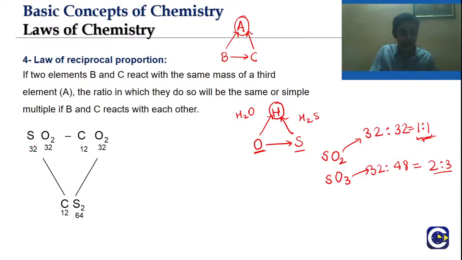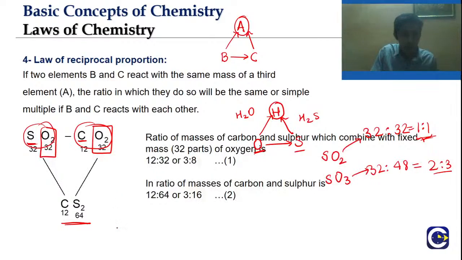So they are giving us the example of sulfur dioxide and carbon dioxide, where sulfur and carbon are combining with a fixed mass of oxygen, which is 32. When these sulfur and carbon combine with each other, they will combine in a way that it will be a simple ratio. Here it was 12 is to 32, here it is 12 is to 64.